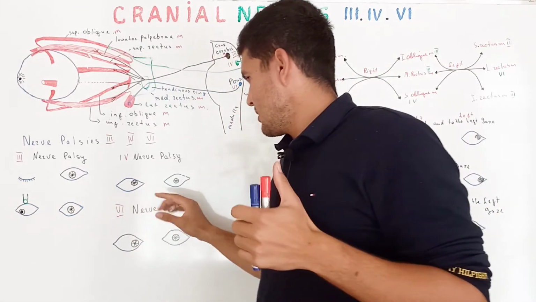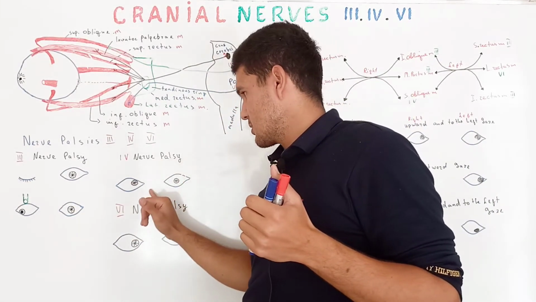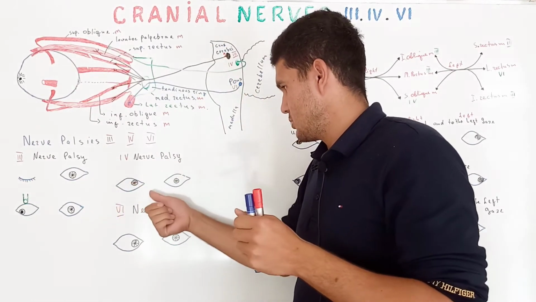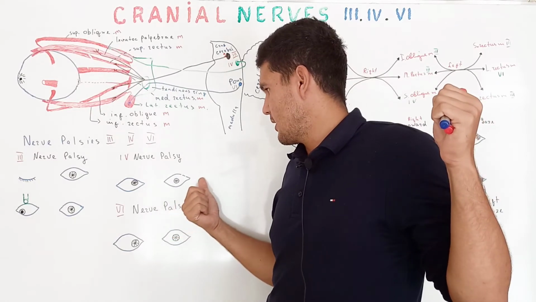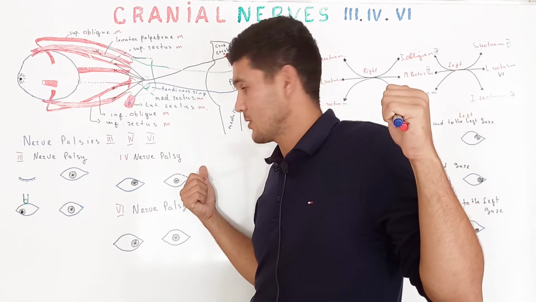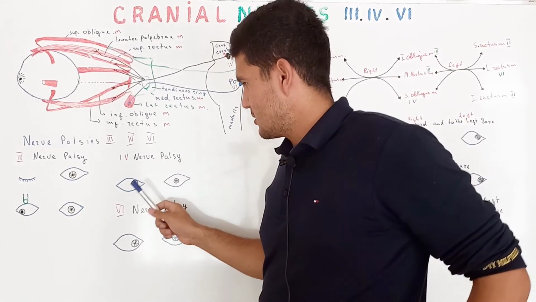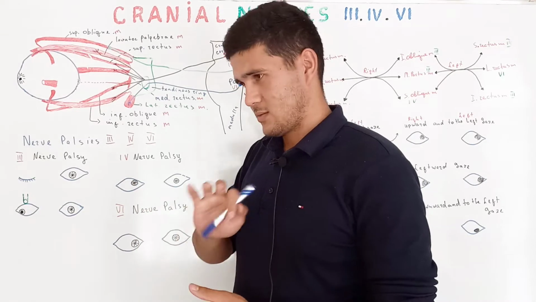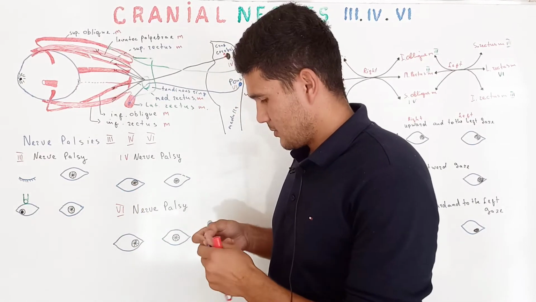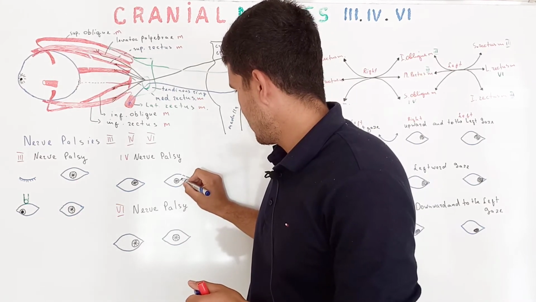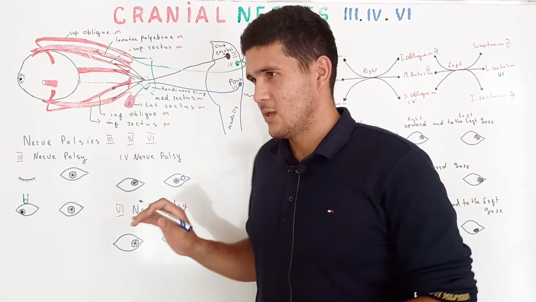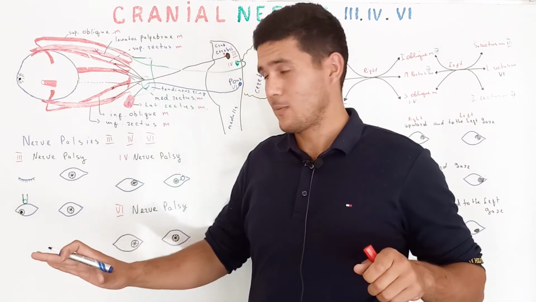Okay, and in palsy of the fourth cranial nerve, when you ask the patient to look in this position, to the left and superior part, diplopia may not occur in this patient because the affected eye doesn't move, and the normal eyeball can move there, and the same picture can eliminate the double vision.